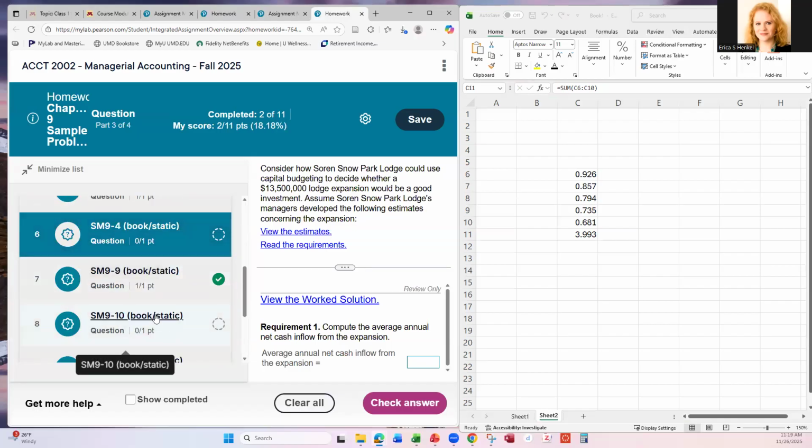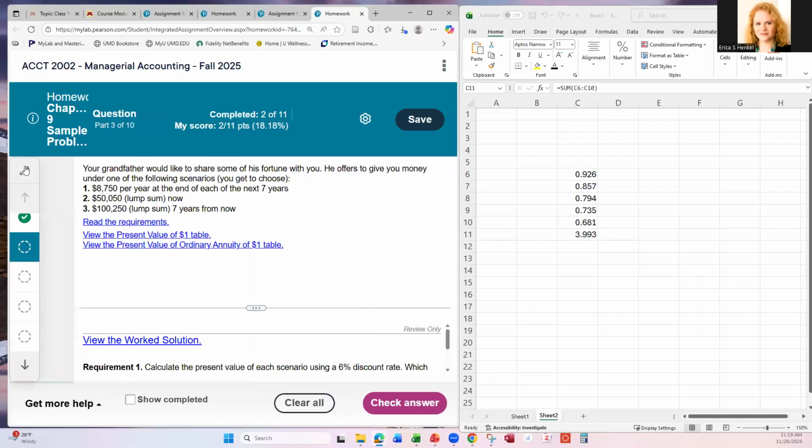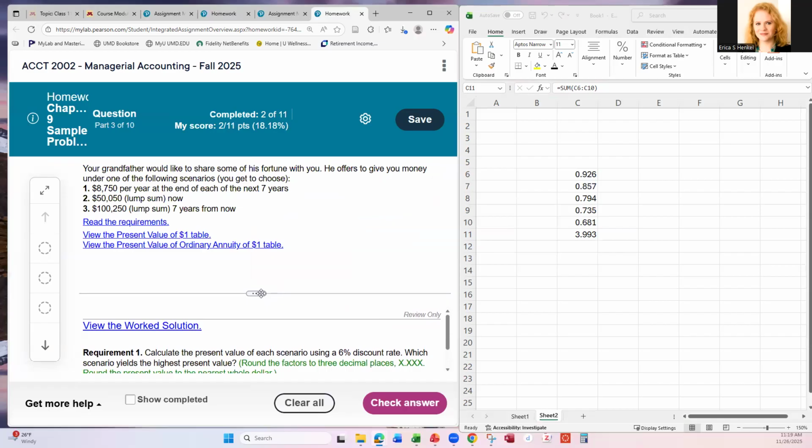Okay, so let's go to problem number 8, which is another time value of money example here. We've got a grandfather who would like to share some money with us, and he offers to give us money under one of the following scenarios.